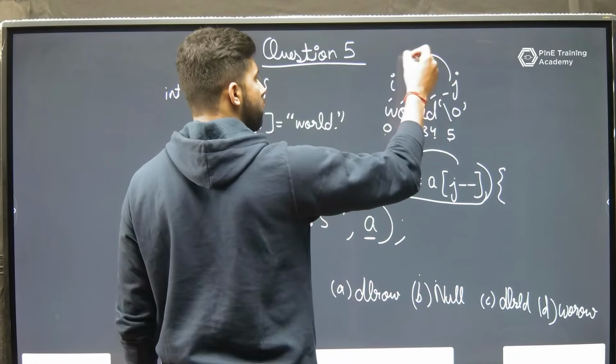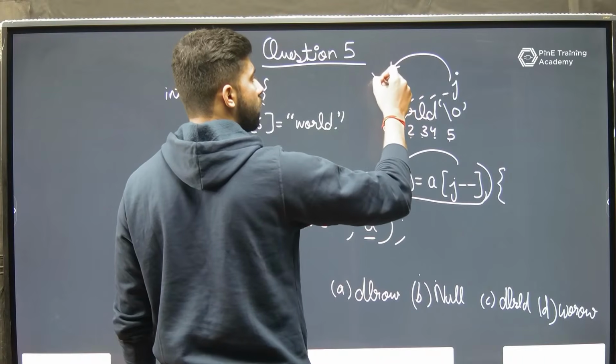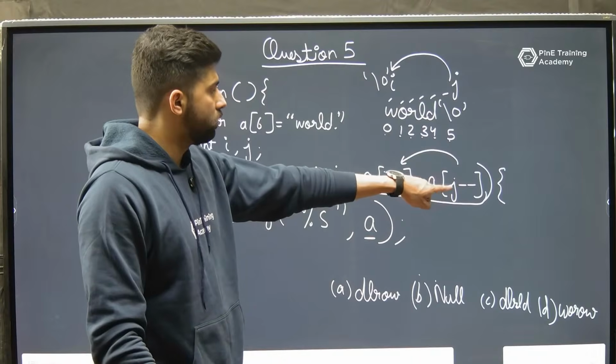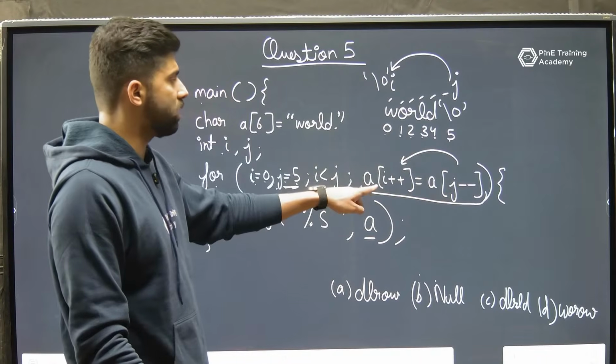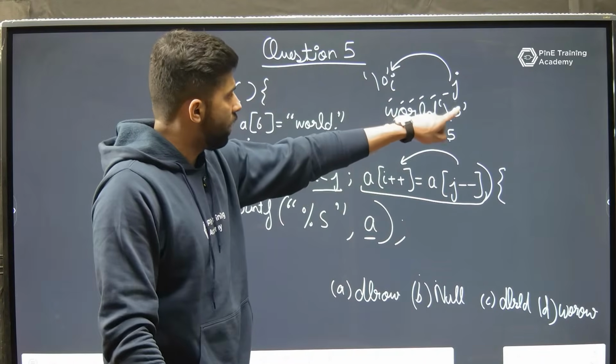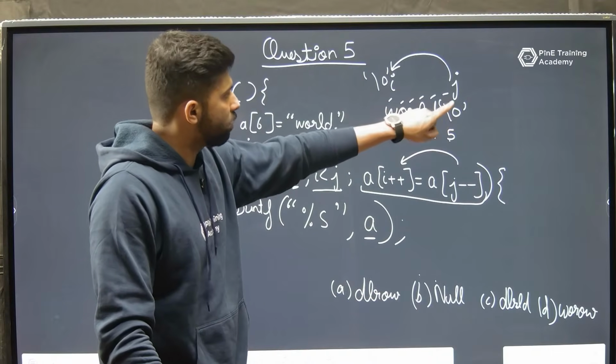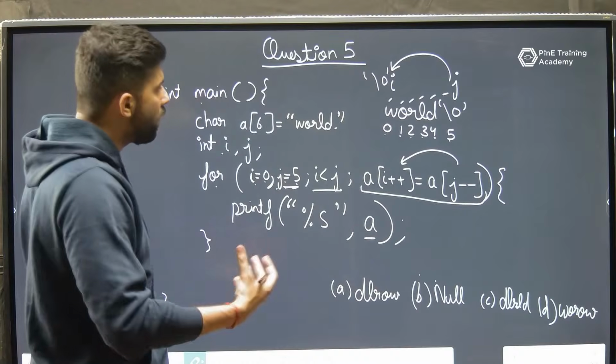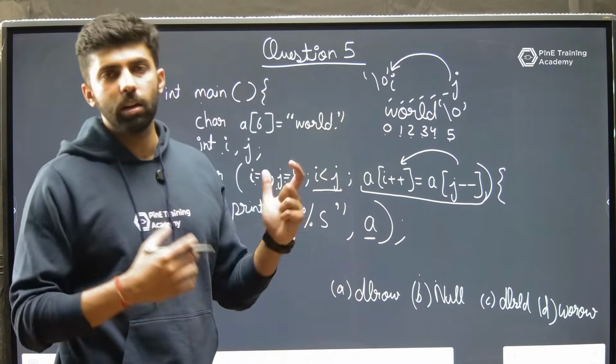So first I will bring the null character. I'm trying to assign the value from the jth index towards the ith index. So jth is currently at the null character, so I'm trying to bring the null character towards the front.